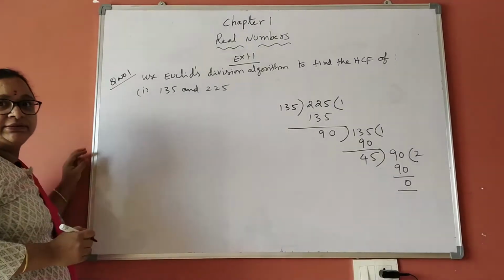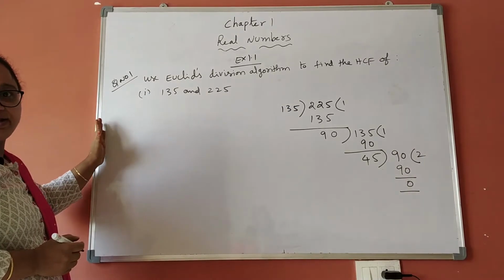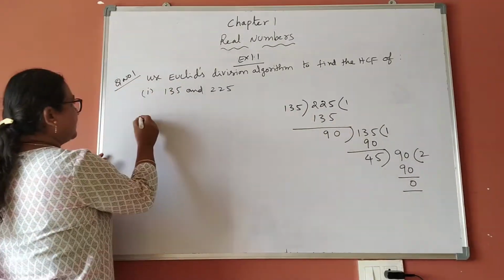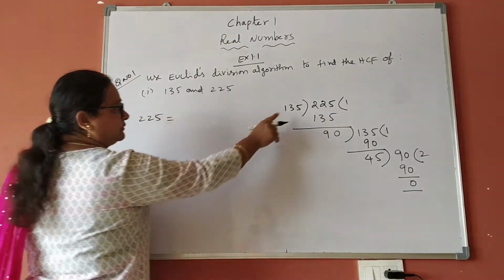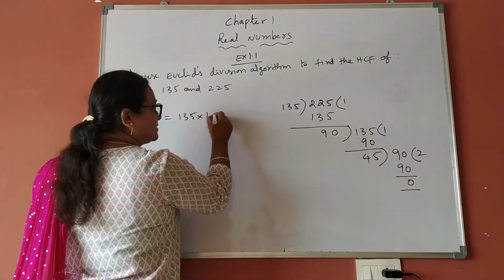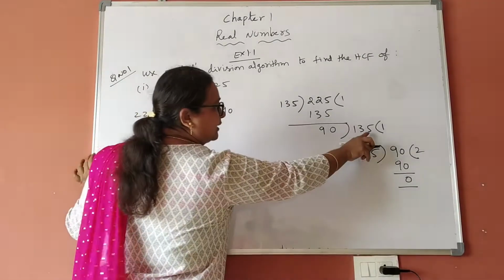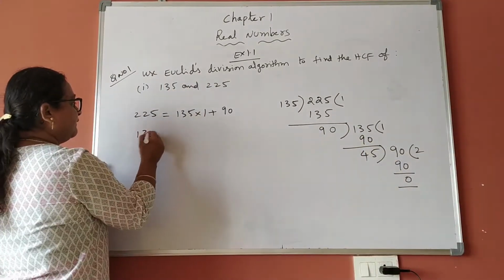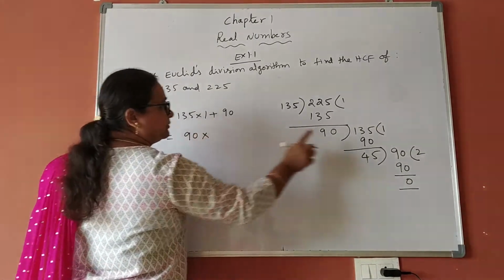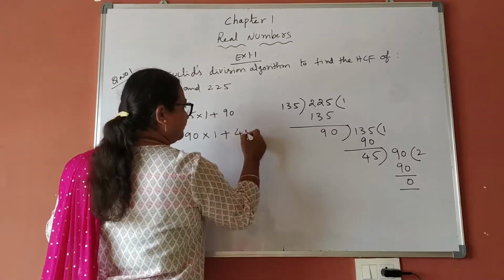Now we have to write the division algorithm. The division algorithm says the dividend is equal to divisor into quotient plus remainder. What is the dividend here? 225 is equal to divisor 135 into quotient 1 plus remainder 90. Next step, dividend 135 is equal to divisor 90 into quotient 1 plus remainder 45.